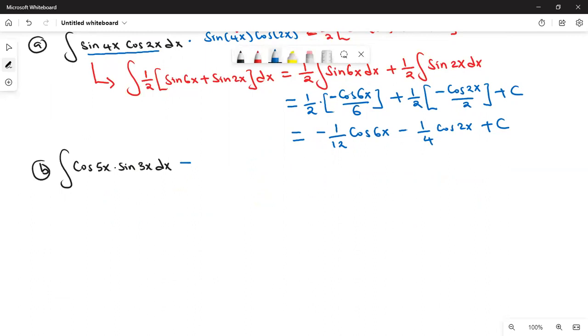I want to start with sine. So this you can write as the integral of sine 3x times cosine of 5x dx. So this is your A, sine A, and with the 5x here is B. Sine A cos B. So sine A times cos B is the same as half, or simply 1/2 times sine of the sum plus sine of the difference.